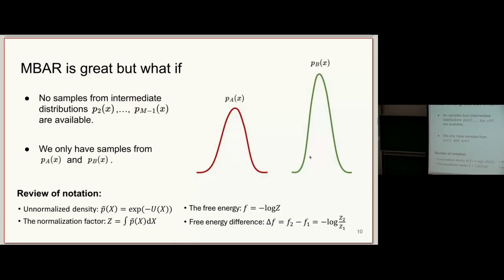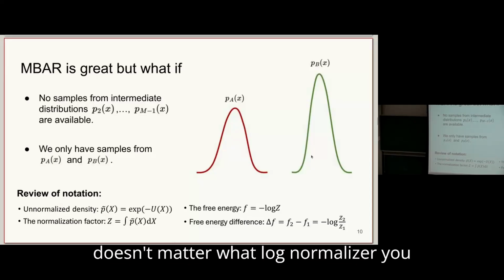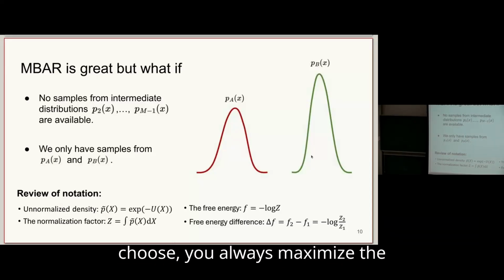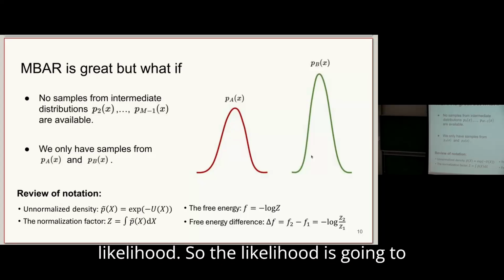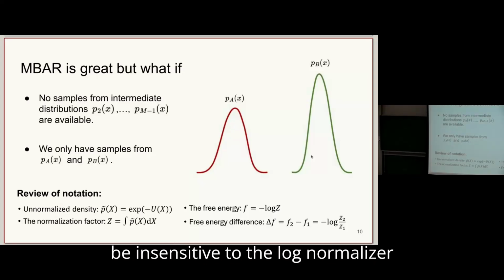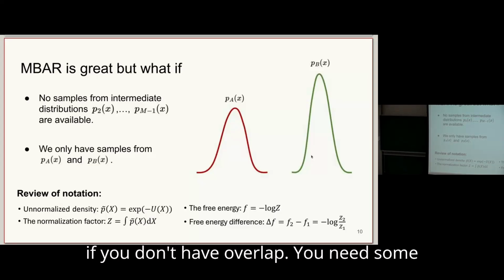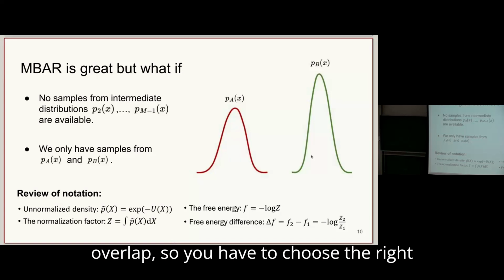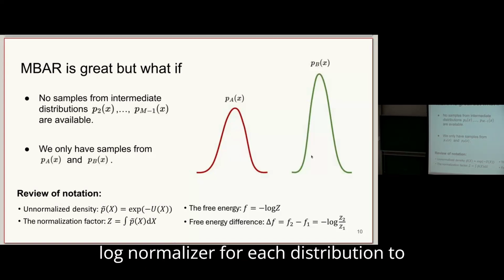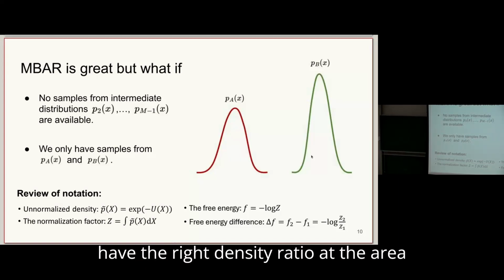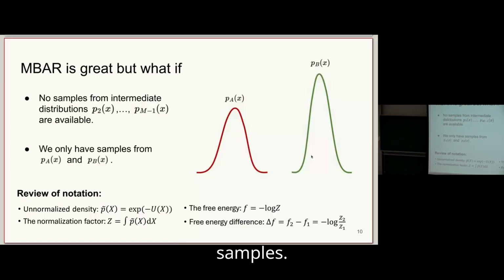So then it doesn't matter what log normalizer you choose, you always maximize the likelihood. So the likelihood is going to be insensitive to the log normalizer values. So you cannot solve the problem if you don't have overlap. You need some overlap so that you have to choose the right log normalizer for each distribution to have the right density ratio at the area where there is intersection between the samples.